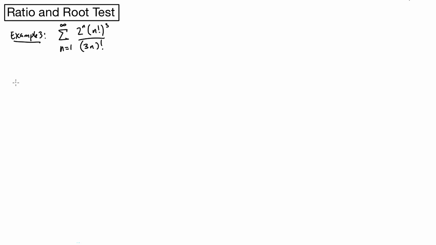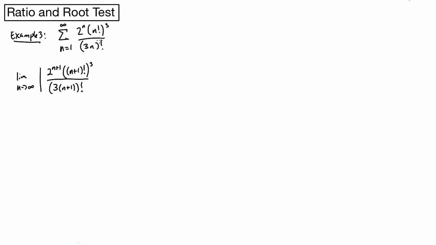So what I want to look at here is the limit as n goes to infinity of a_{n+1}, which would be 2(n+1), (n+1) factorial cubed, divided by (3(n+1)) factorial.